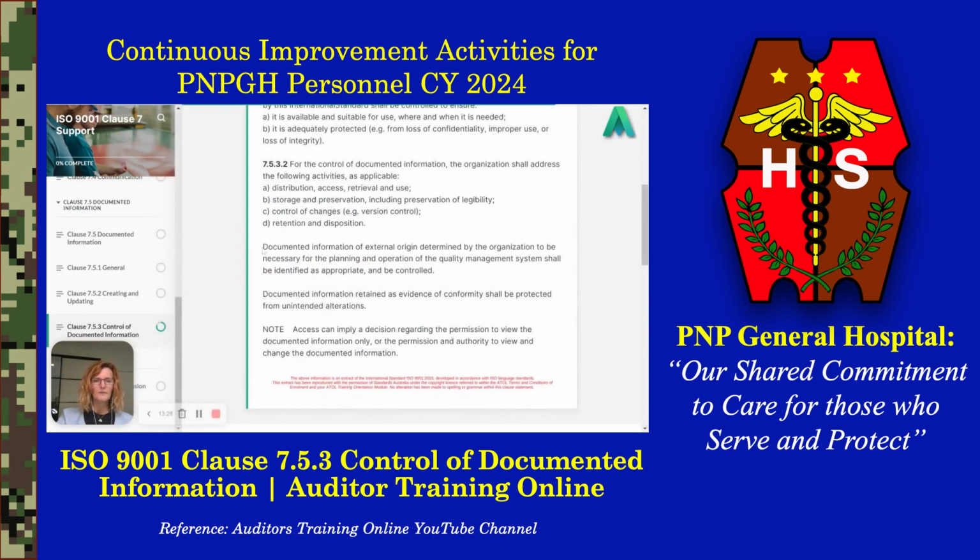Then it says documented information of external origin determined by the organisation to be necessary for the planning and operation of the quality management system shall be identified as appropriate and be controlled. This is the key area here.